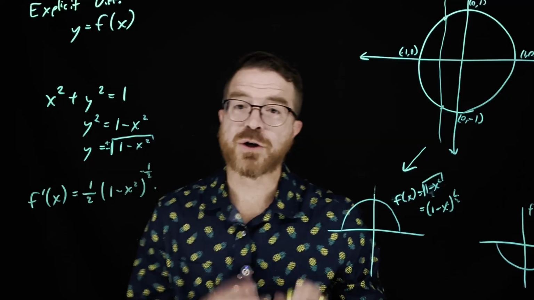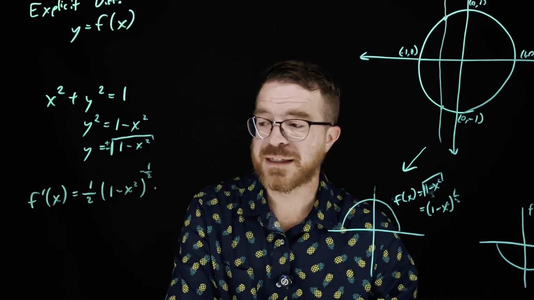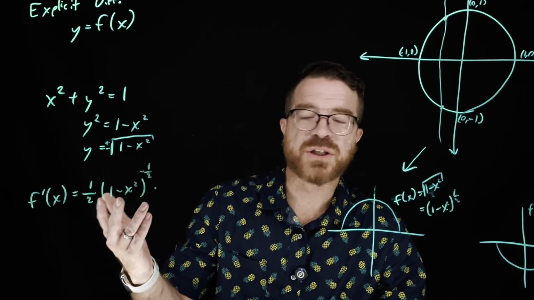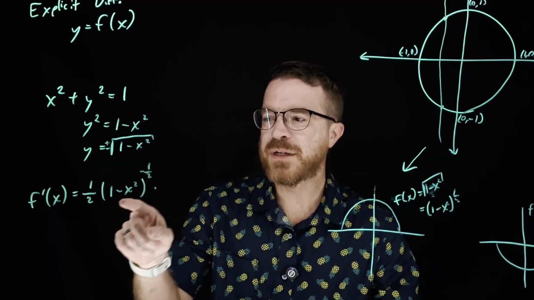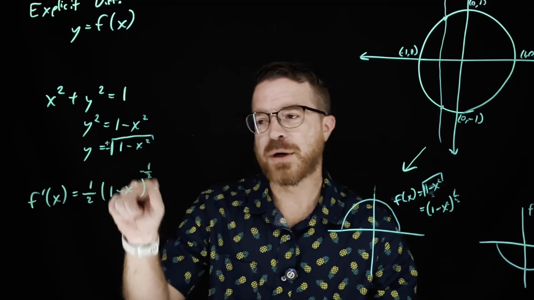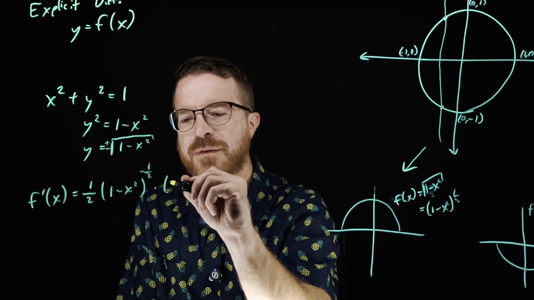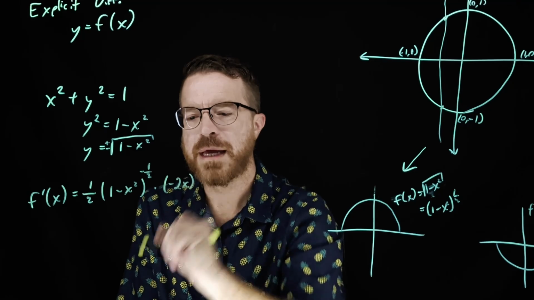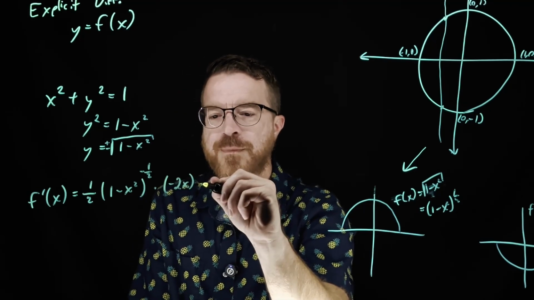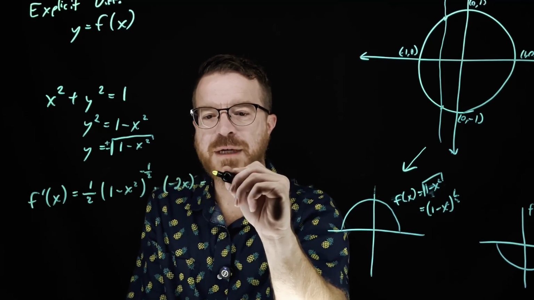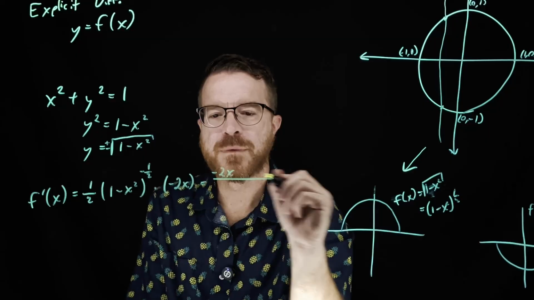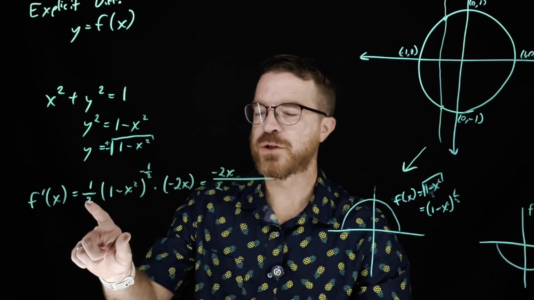And now, using our chain rule, I have to take the derivative of the inside. So the derivative of 1, which is a constant, is equal to 0. The derivative of minus x squared, I bring the 2 down. This is going to give me minus 2x. So I'm going to put this negative 2x on top, and this, of course, over 2, because I've got the 1 over 2.